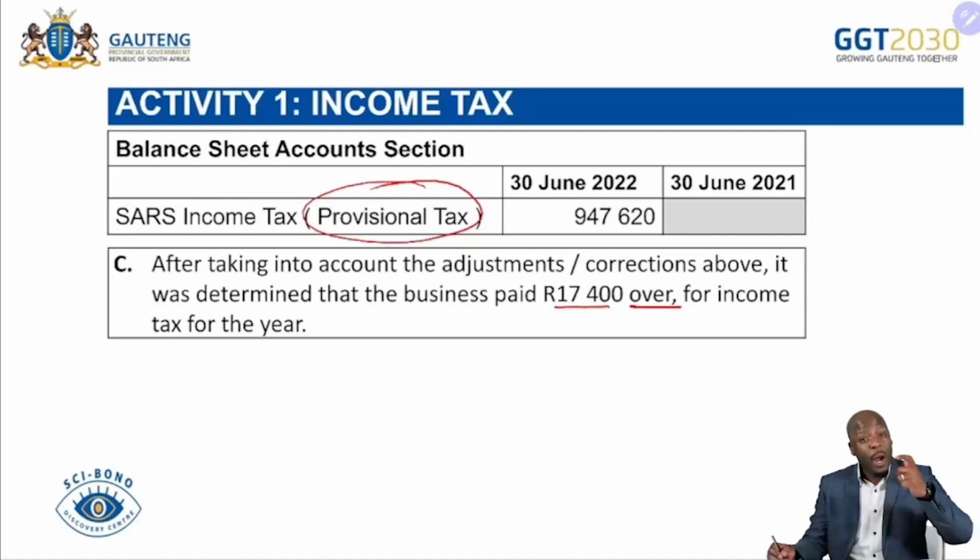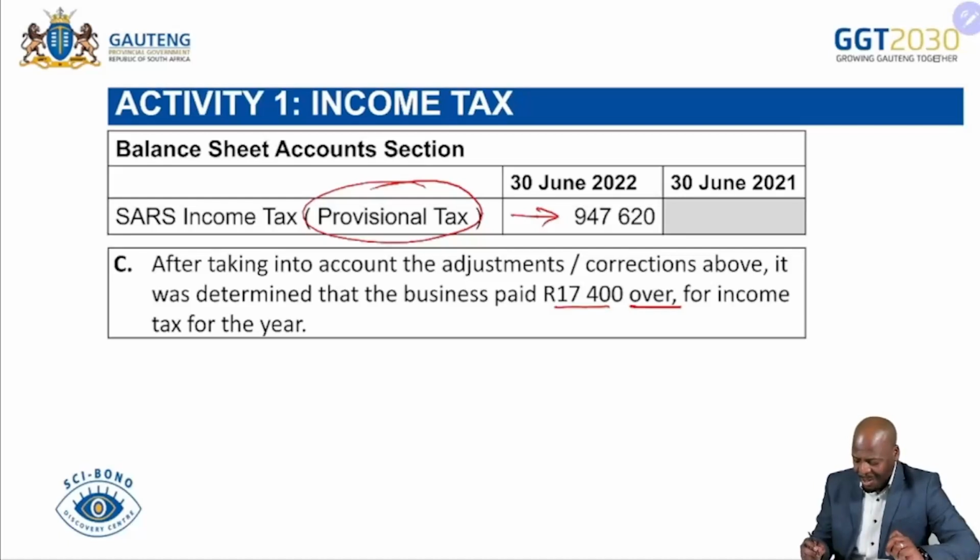So we do not wait until then. We begin to make provisional payments. One of two things is likely to happen: we're either going to pay more or pay less. Using the language of this paper, we're either going to pay over or pay under. In this case, we paid over. We paid more by 17,400. That means this is too much by 17,400.